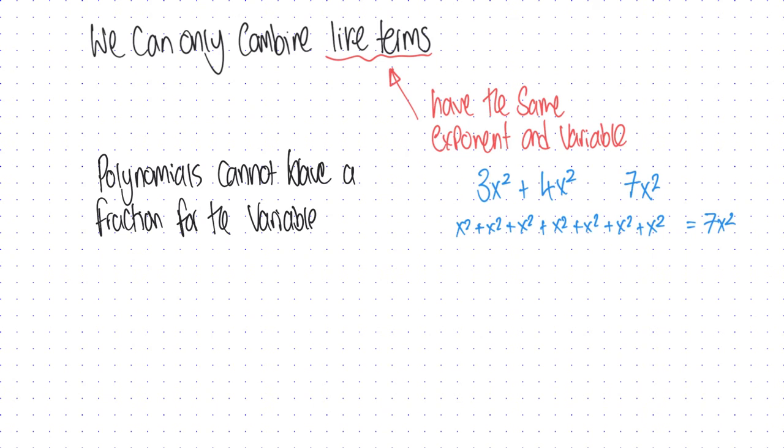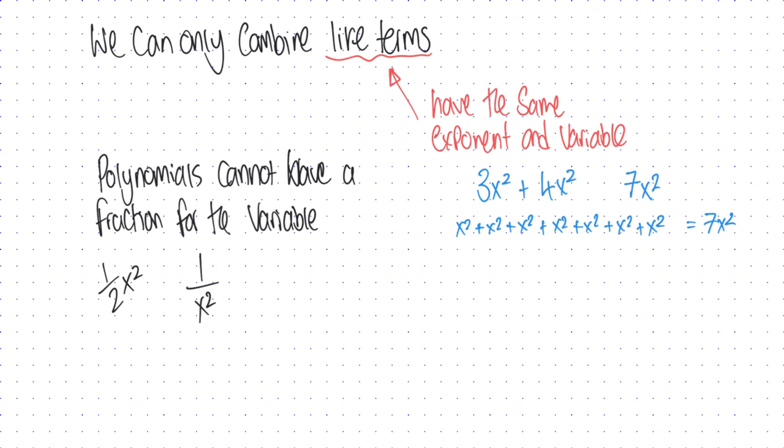So the variable can't be on the bottom. You can have a quarter of x squared, that's fine, but you can't have 1 over x squared. That can't happen.